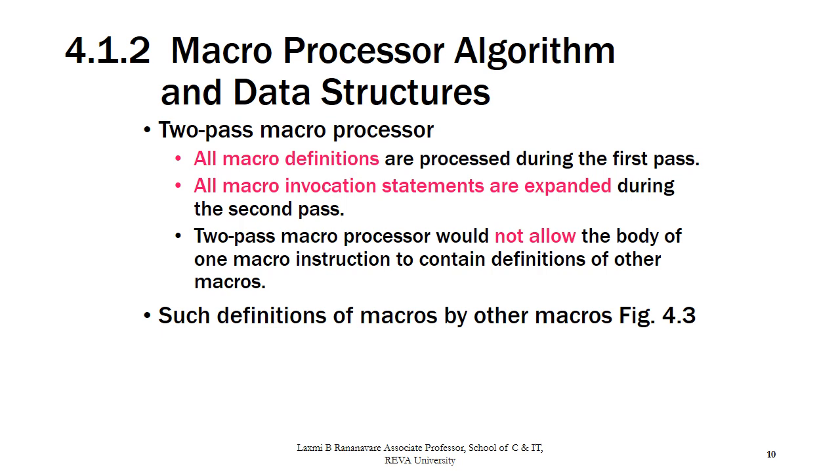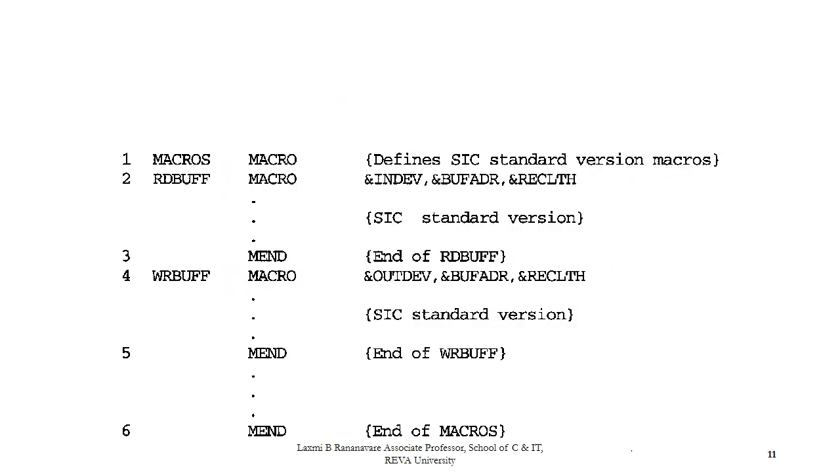So the first pass is to recognize the macro definitions, and the second pass expands the macro calls. That is about the macro processor, which requires two passes.